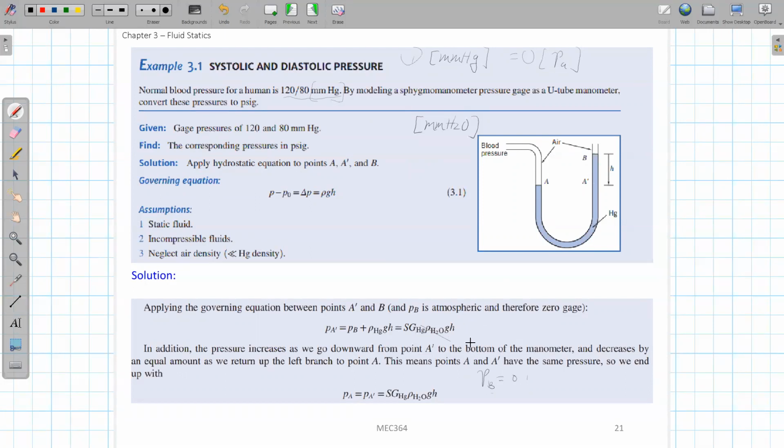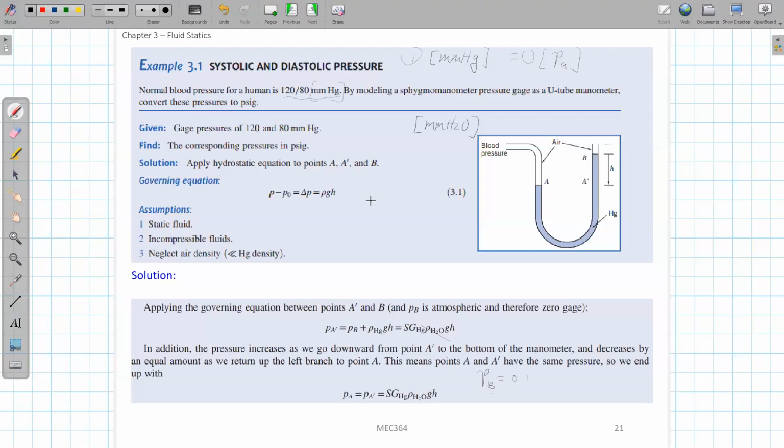So this problem is not written very well. We do not really know what PB is. It doesn't explicitly say that PB should be 0, but from what the solution looks like here, PB should be 0. All right, thank you. No problem. Another thing you can consider is that even if your PB is 1 atmosphere, compared with this value, 120 millimeters of mercury, 80 millimeters, it is a very small value.